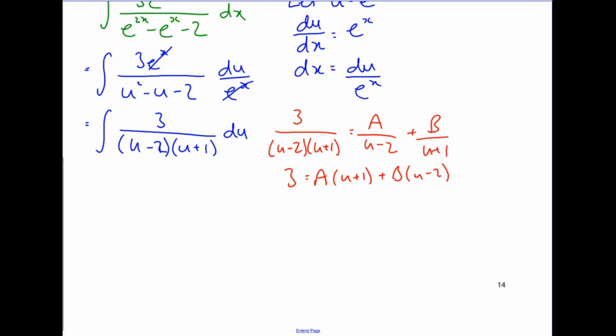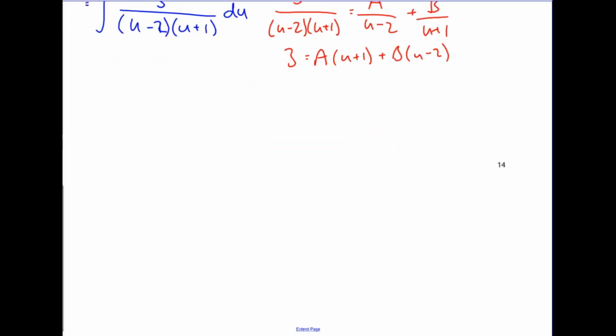Come up with the identity to work out values for A and B, and then substitute in values for u. So if I say u equals -1, it'll get rid of A. Sticking -1 gets rid of A, B is times -3, and if you divide through by that, you get B is -1. And if I stick u is 2 in, I get 3 equals 3A.